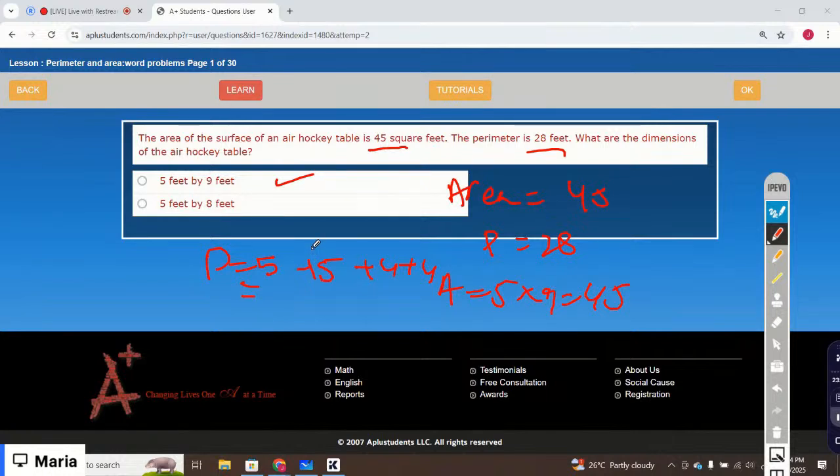That is 28. So you can see when you add these numbers, it makes the perimeter 28.